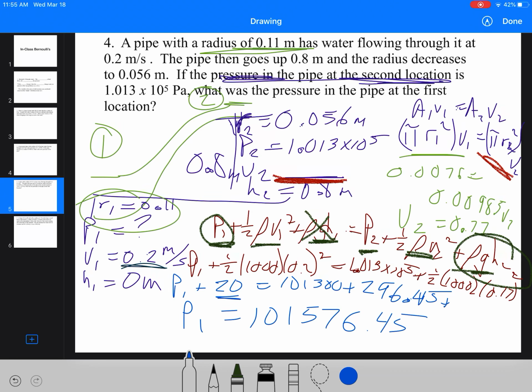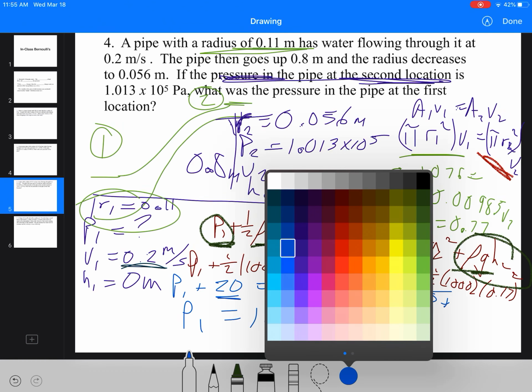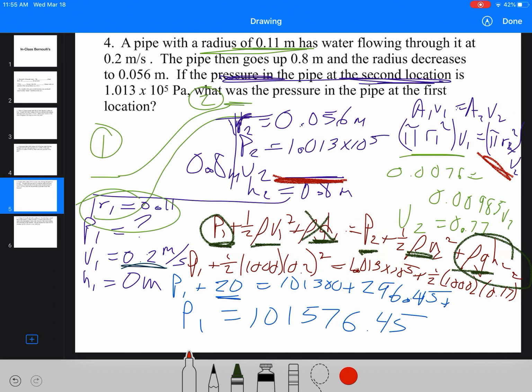So this needs to be plus, I'm going to change colors because I forgot to do this. So this should be plus 1,000 times 9.8 times 0.8. Okay, so let me erase this piece right here.